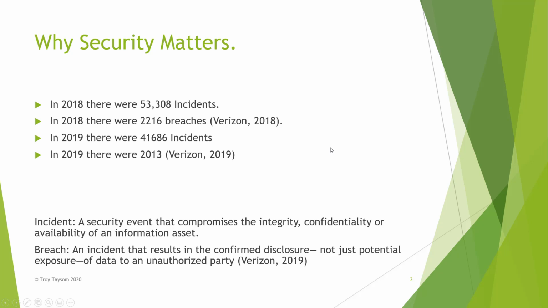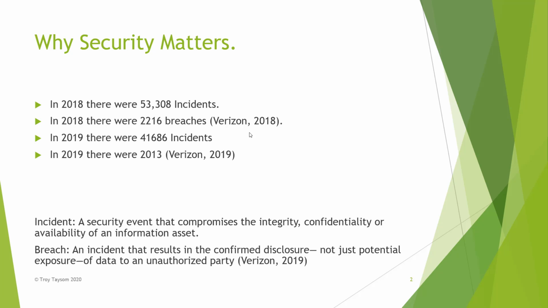This is why security matters. Security matters because we are having an unprecedented number of incidents and events. Just to give you an idea, these numbers are from the Verizon report.